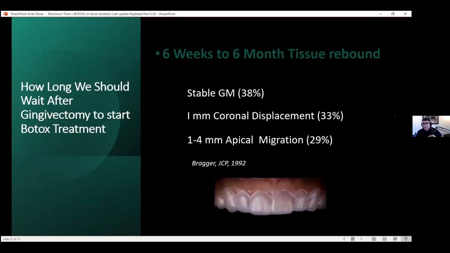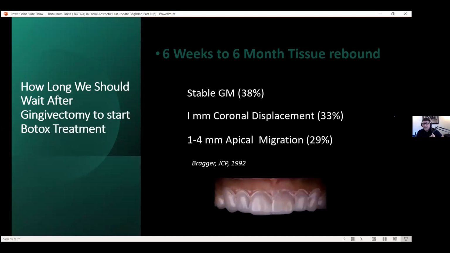Breger actually has a nice evaluation about the tissue rebound or tissue relapse, or gingival relapse, after gingivectomy. He found that in 38% after gingivectomy, most of the patients got a stable gingival margin, without any apical or coronal migration.